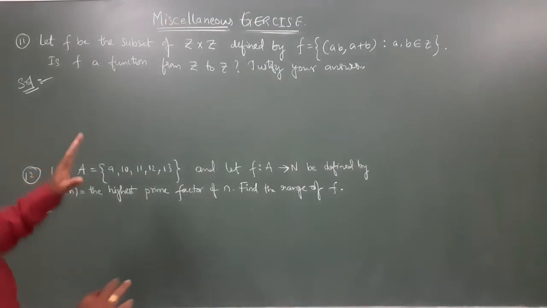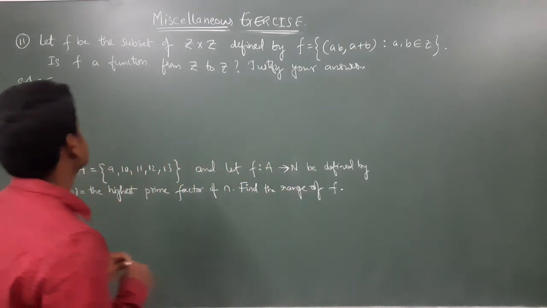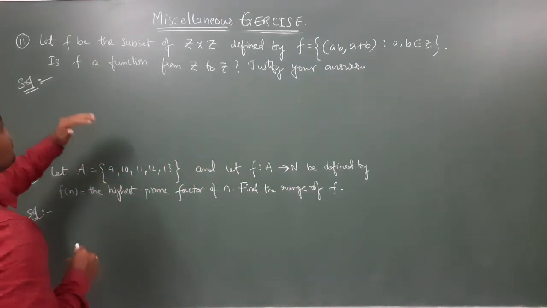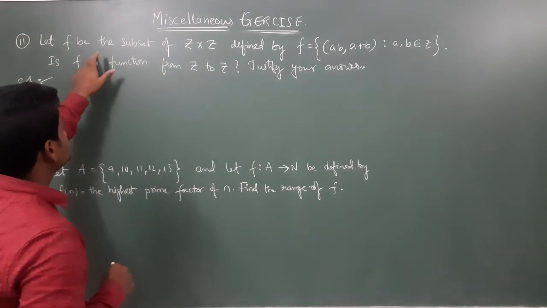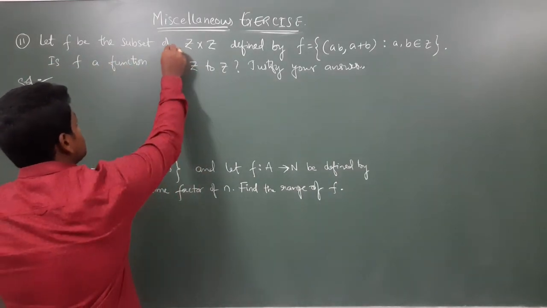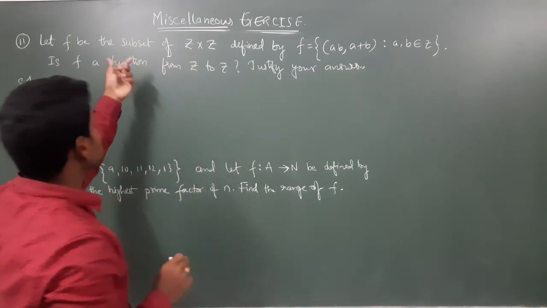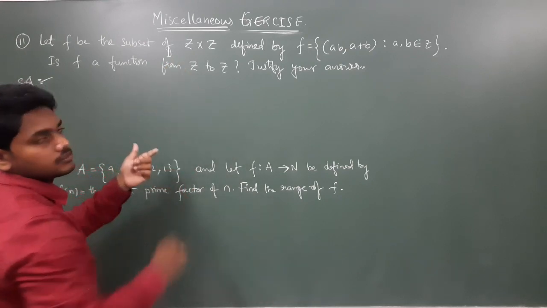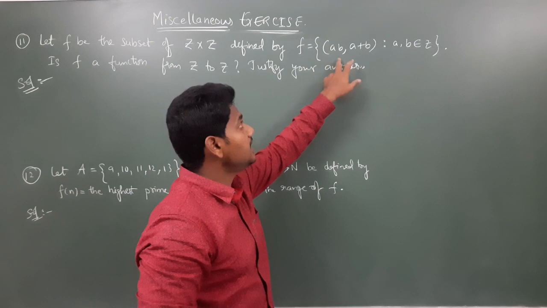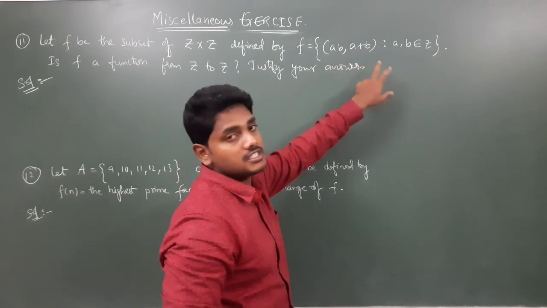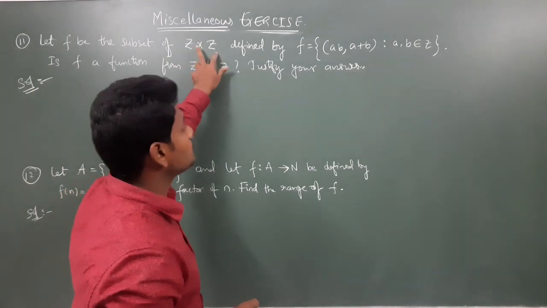Last question of this miscellaneous exercise, and also the last question of this chapter, Relations and Functions. So let us solve it. Let f be a subset of Z cross Z, which is nothing but integers to integers, so those ordered pairs will be from Z to Z, defined by f equals {(ab, a plus b) such that a, b belong to Z}.